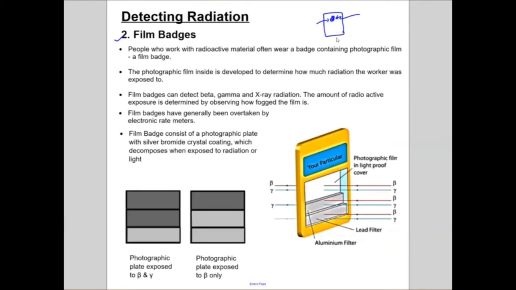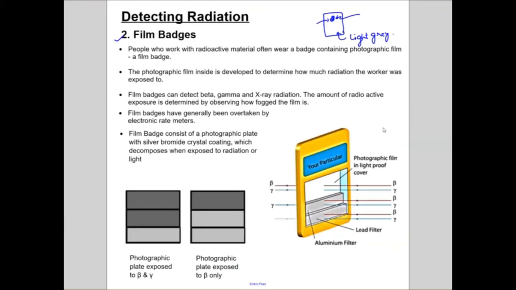Otherwise, naturally the photographic plates are light gray in color, but when they are exposed to radiations or even light, they would turn darker.